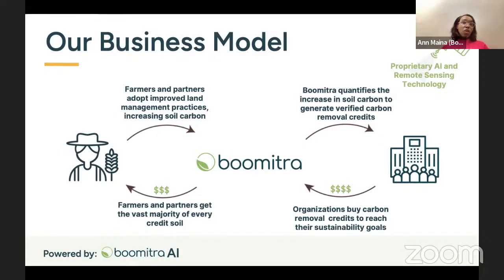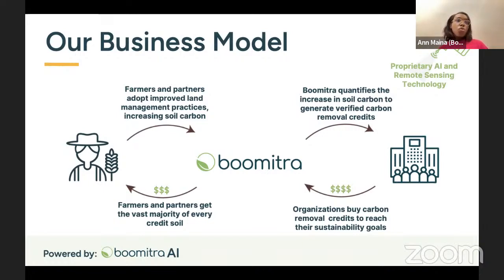We are also working with the Farm to Market Alliance, FTMA, and CGA, that is the Cereal Growers Association. The FTMA is backed by the World Food Programme, among other partners that we are working with at the moment. So those partners are the people who know where the farmers are, and they're the people who are enabling the farmers to adapt those improved agricultural practices, which leads to the increase in the soil carbon.